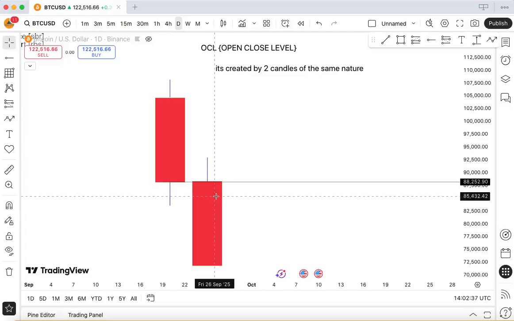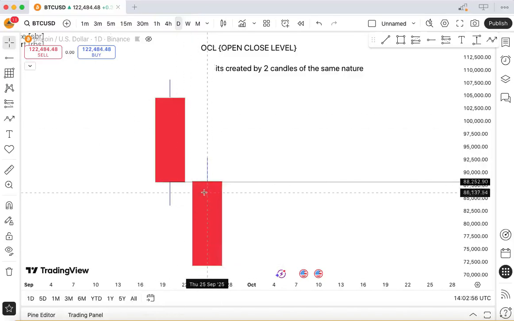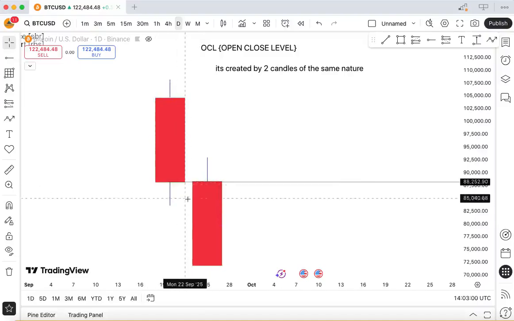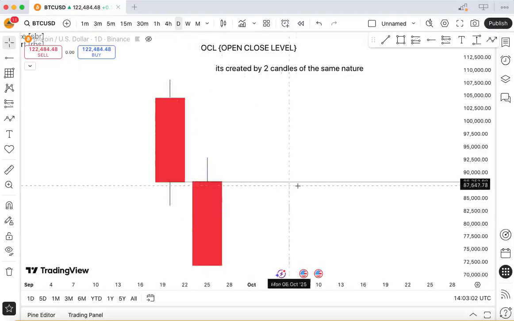Hold on a second. Okay, I'm back now. So this is where this one opened, and this is where this closed from. So this is called an open-close level.